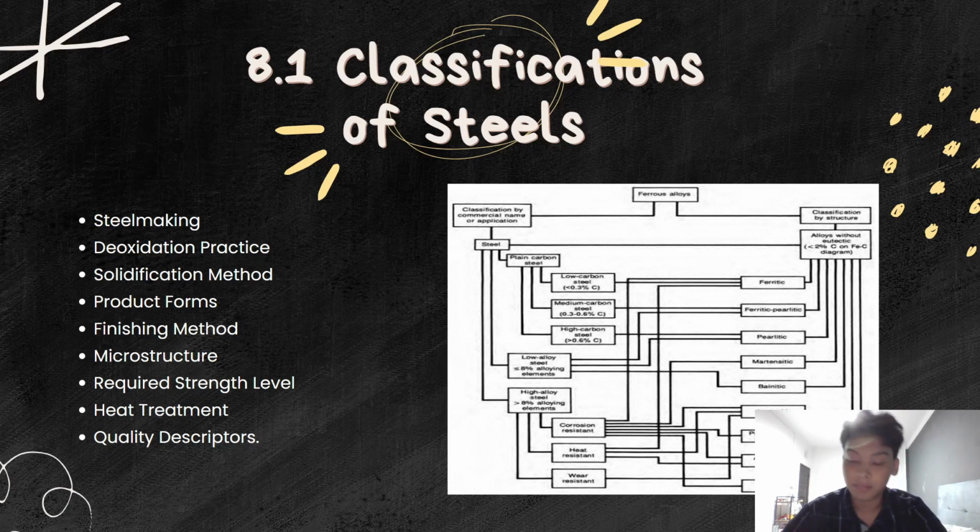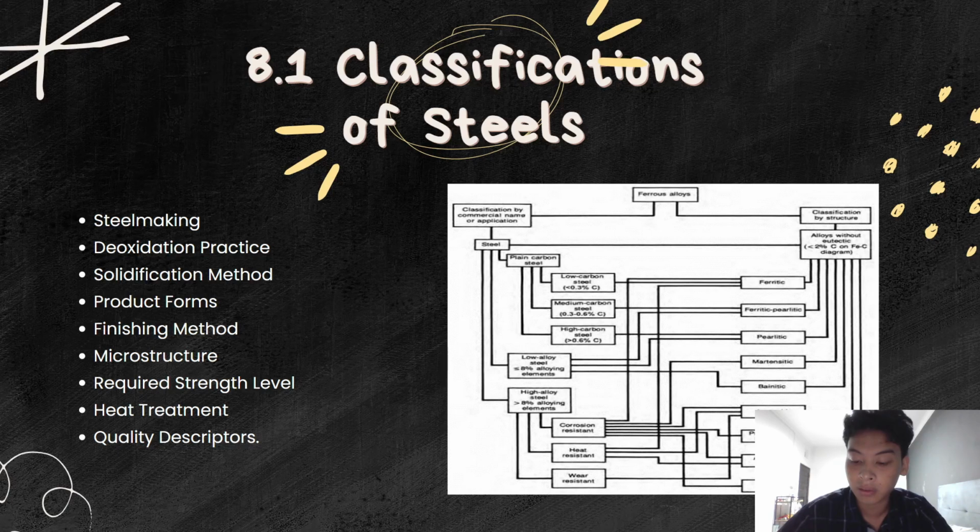Finishing method. The surface of steel products is influenced by its finishing method. In rolled mill products, finishing is by either hot rolling or cold rolling. Microstructure. Steel can be classified according to microstructure at room temperature.